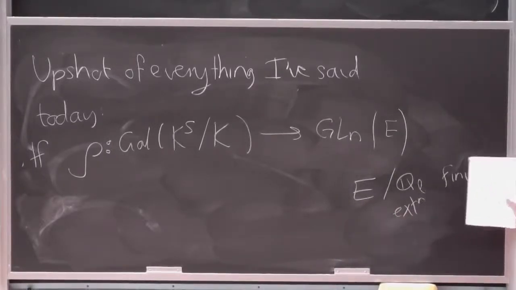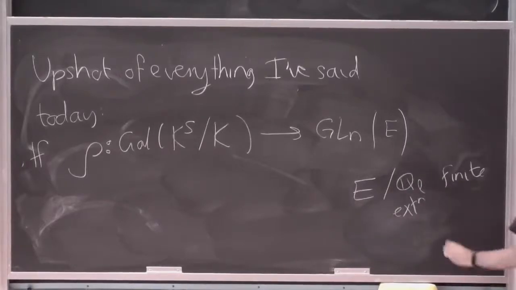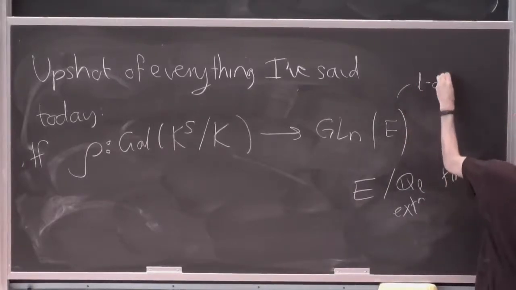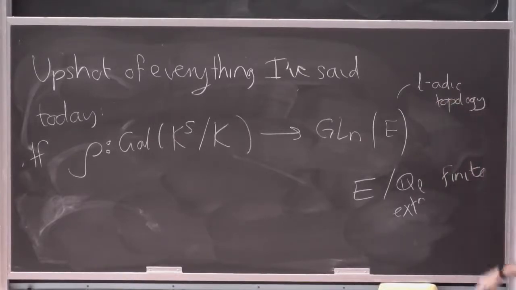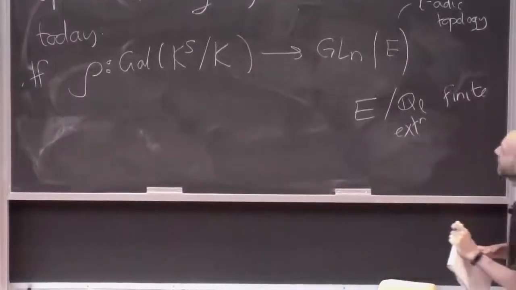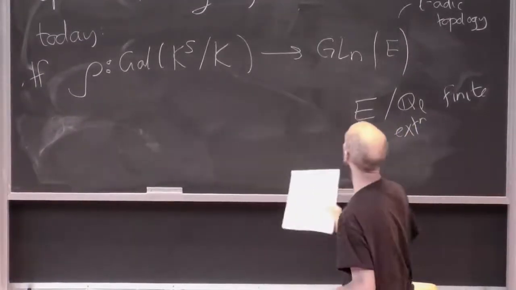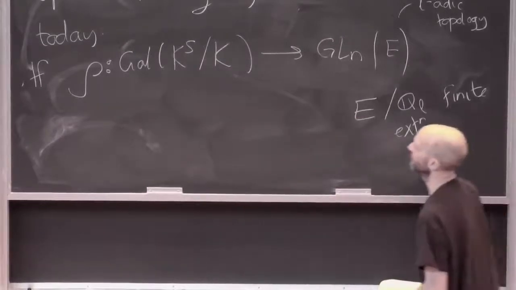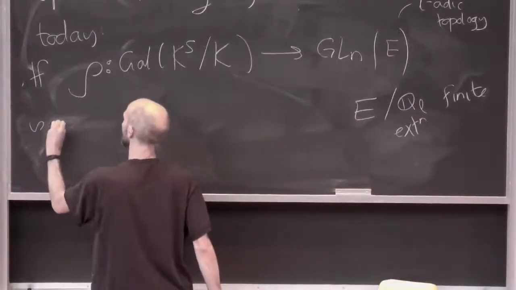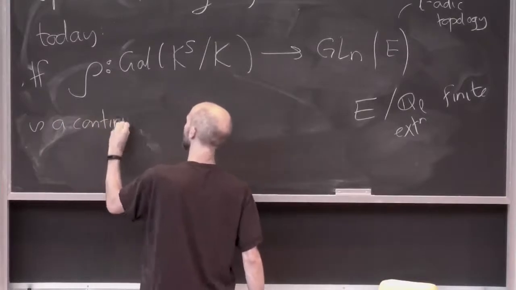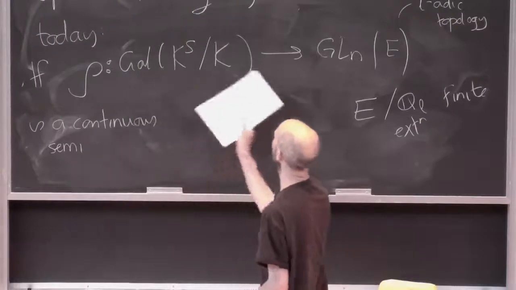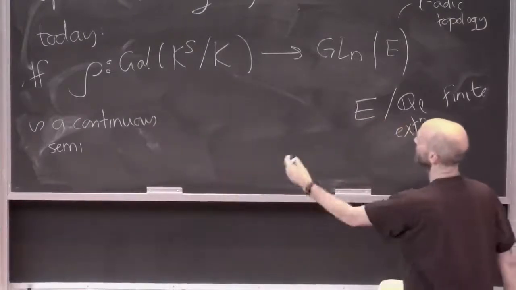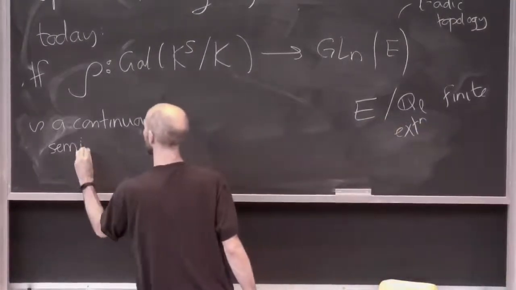So E is some L-adic thing, with some L-adic topology. We'd better see examples of this, because this suddenly looks terrifying, doesn't it? But these are the things that show up in nature. This is my Galois group with its profinite topology. This is a continuous semi-simple representation. If you're worried about semi-simple, don't worry, because all the rhos that show up in practice are irreducible. So a continuous irreducible representation, if you like.